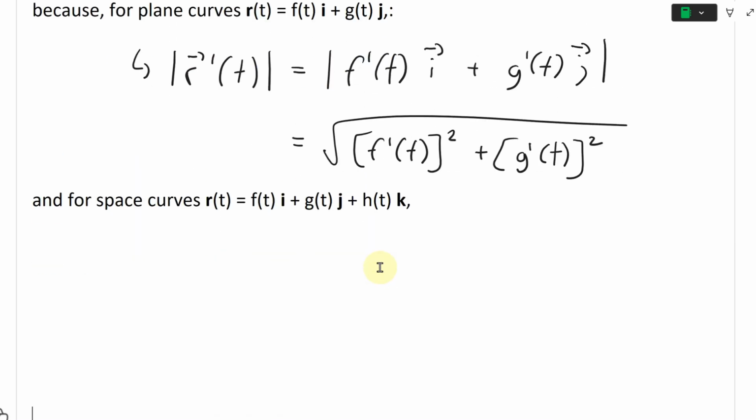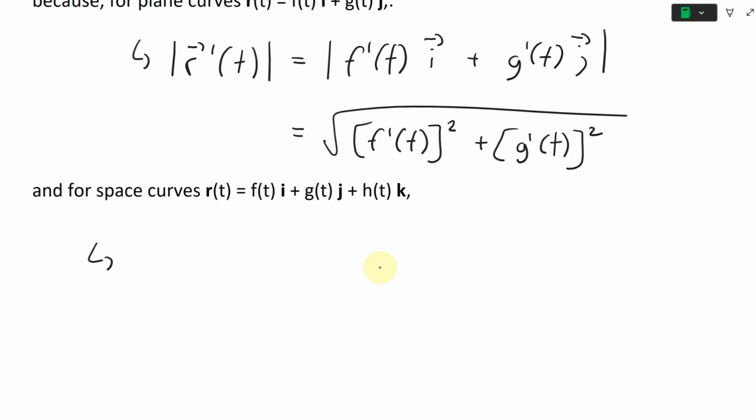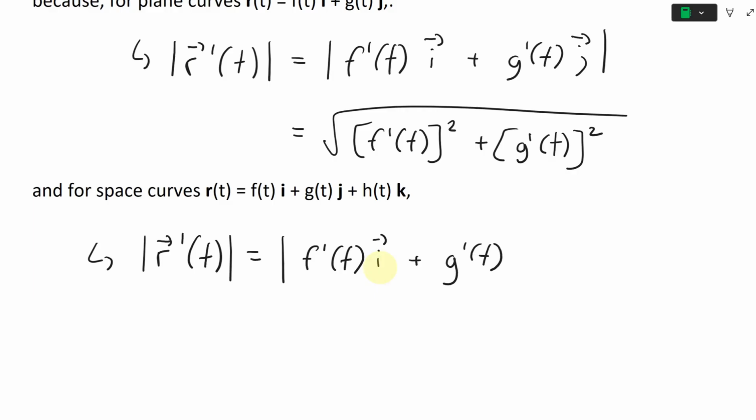This is going to be the magnitude of the derivative of the vector function r, which equals the magnitude of f prime of t i, where i is the standard basis vector, plus g prime of t j, plus h prime of t k, like that.